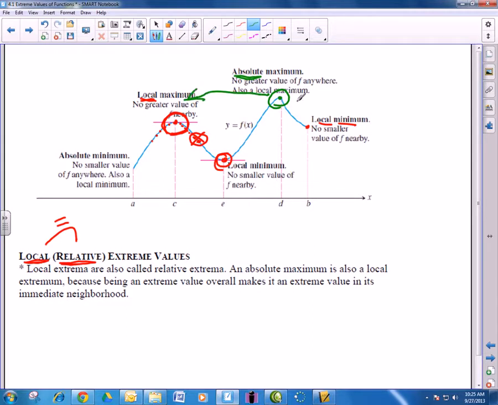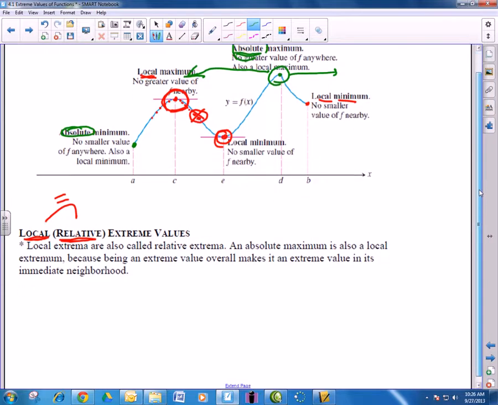There is no other point on this graph that is higher than that, so that is an absolute maximum. And this point down here, which is an endpoint, is an absolute minimum, because there's no value smaller than that anywhere on the entire graph.